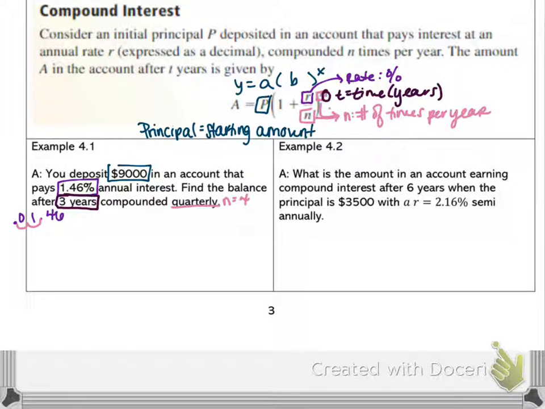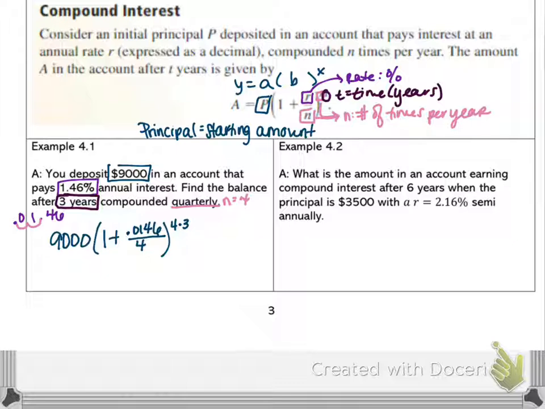So then I just plug it into my formula. 9,000 times 1 plus 0.0146 over 4, to the power of 4 times 3. Please make sure that you multiply that exponent.